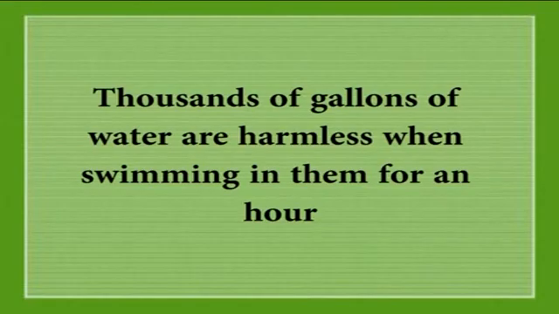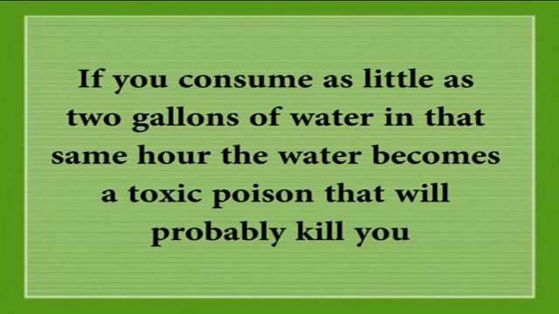For example, thousands of gallons of water are harmless when swimming in them for an hour. But if you consume as little as 2 gallons of water in that same hour, the water becomes a toxic poison that will probably kill you. Salt that seasons our food becomes a poison if taken in excessive quantities.